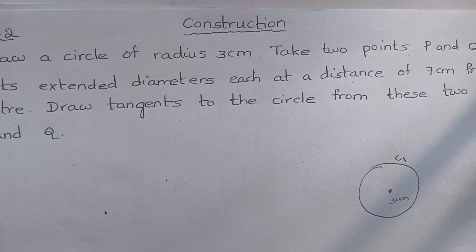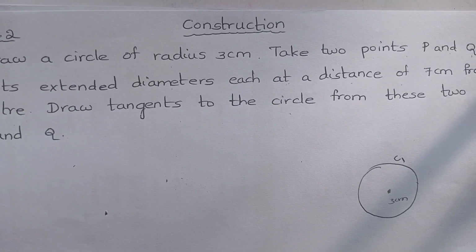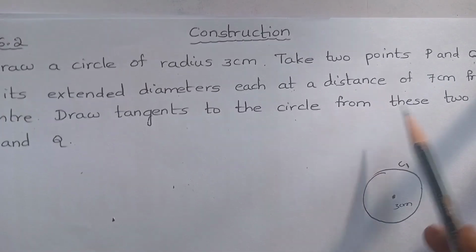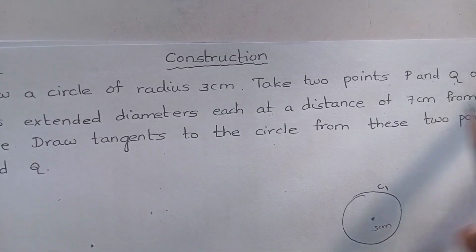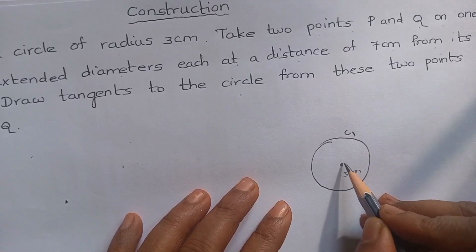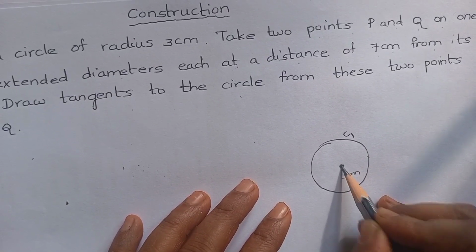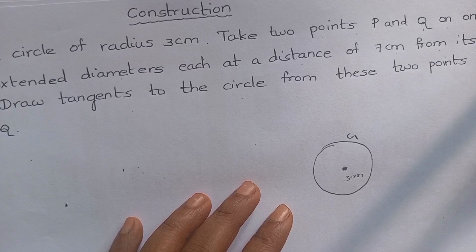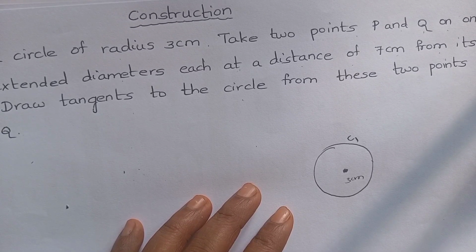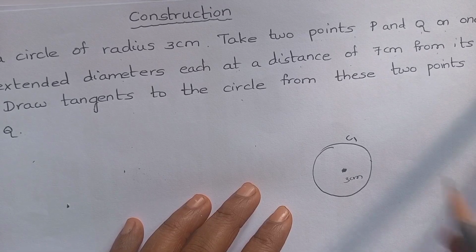Where we have to mark these points? We have to mark these points each at a distance of 7 cm from its center. Here, it is the center of the circle, isn't it? And the point P and Q must be 7 cm distance from its center.